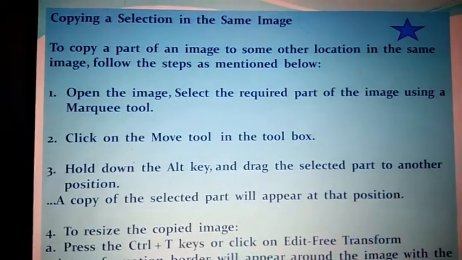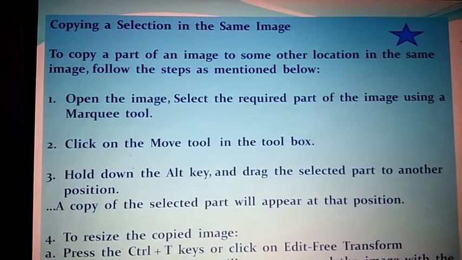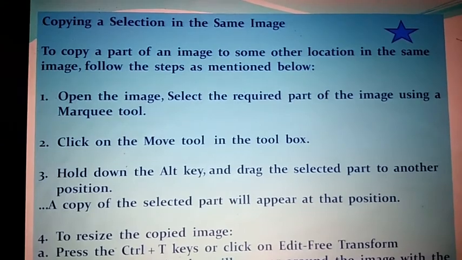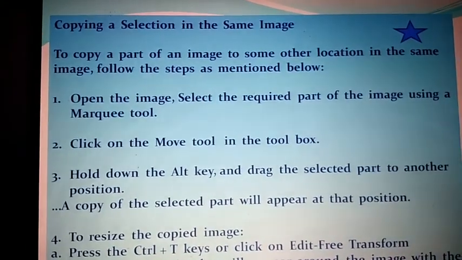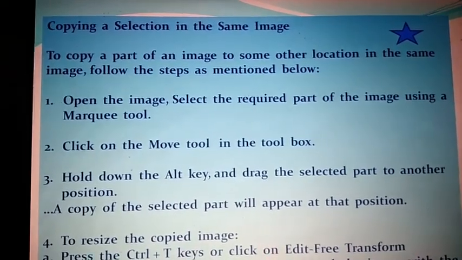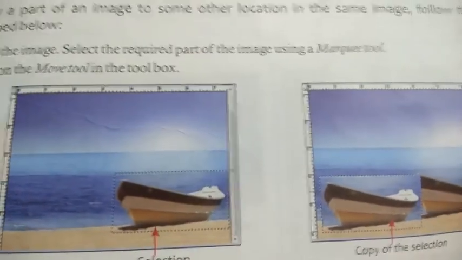So students, free transform works in Photoshop exactly the same way as you have learned in the Flash program. You can rotate the selected image by bringing the pointer close to the corner handles and dragging clockwise or anti-clockwise, when the pointer changes shape to a curved arrow. Okay, so look at this picture, students. First the selection, then after, the copy of the selection.